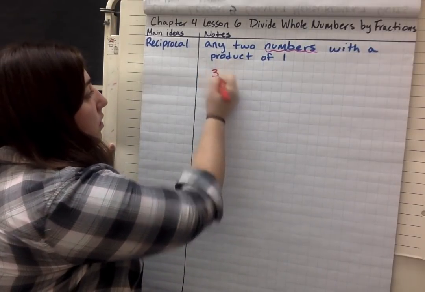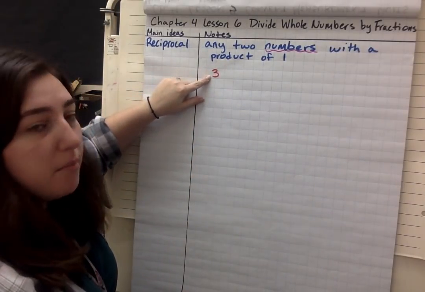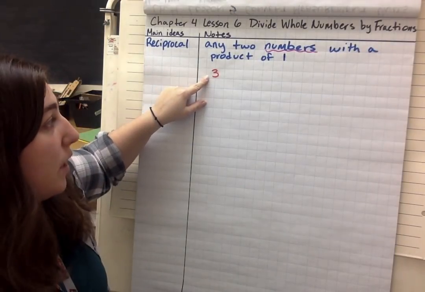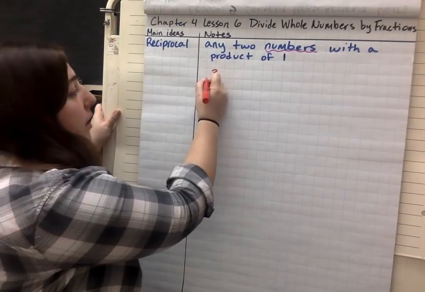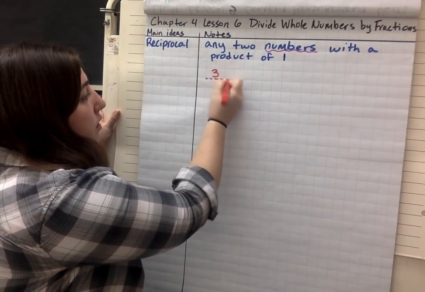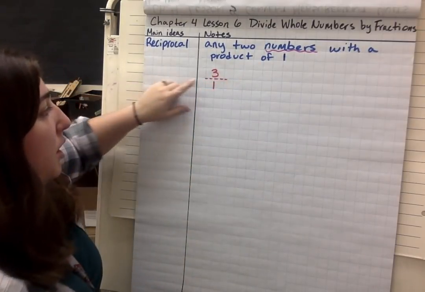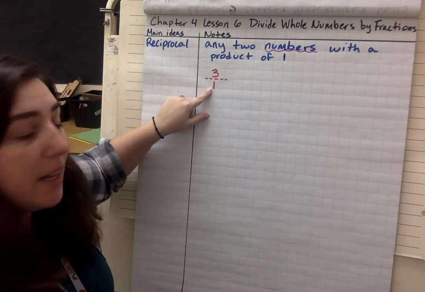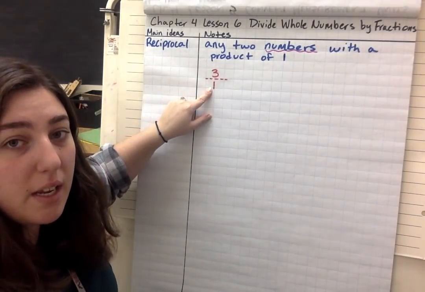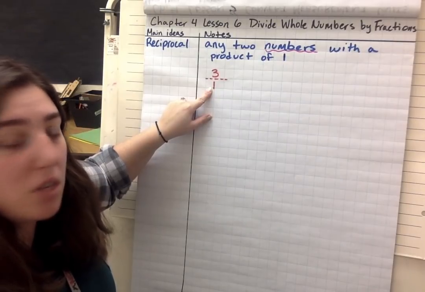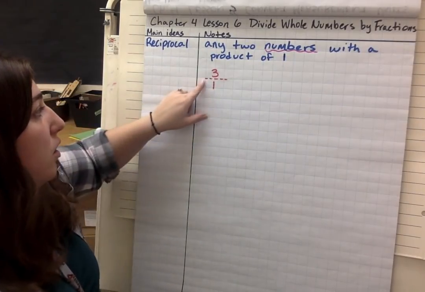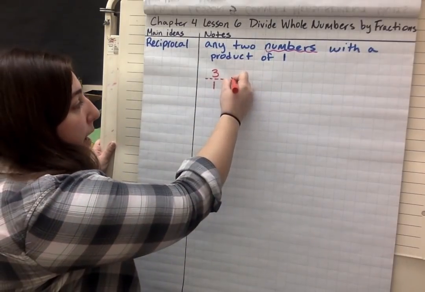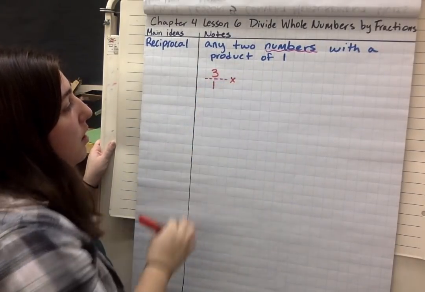So let's start with the number 3. Now remember, the number 3 can also be written with a 1 in its denominator. I'm going to use a dashed line so we know that we can write it as 3 over 1 and know that that's the same as just 3. Okay, so any two numbers with a product of 1. So I'm going to be multiplying because I need to get a product.